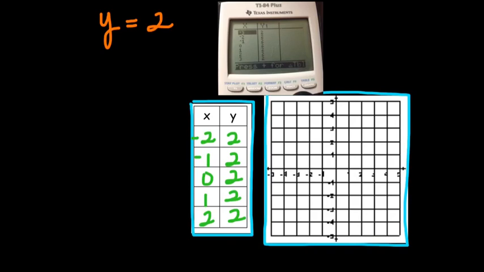So I can go ahead and graph these still just like I would any other. So I have -2, 2, -1, 2, 0, 2, 1, 2, and 2, 2. So what you should see here is that when we connect it, it makes a completely horizontal line. And therefore, when I ask you whether it's increasing or decreasing, well, it's neither.